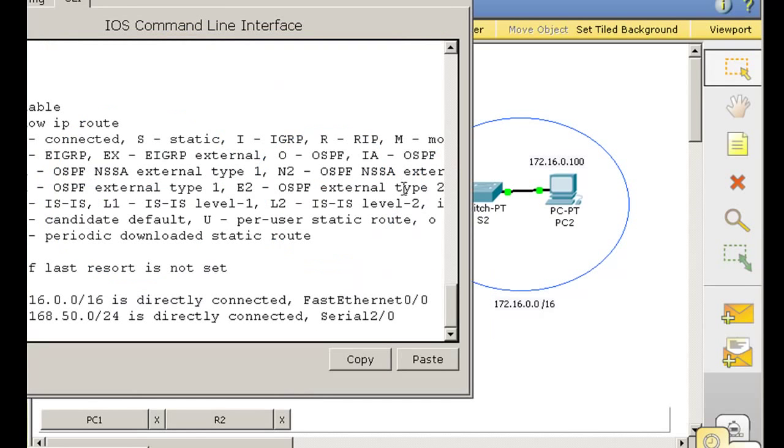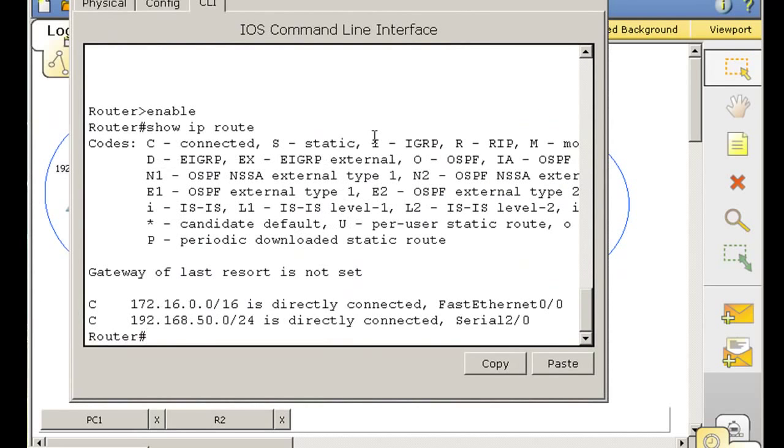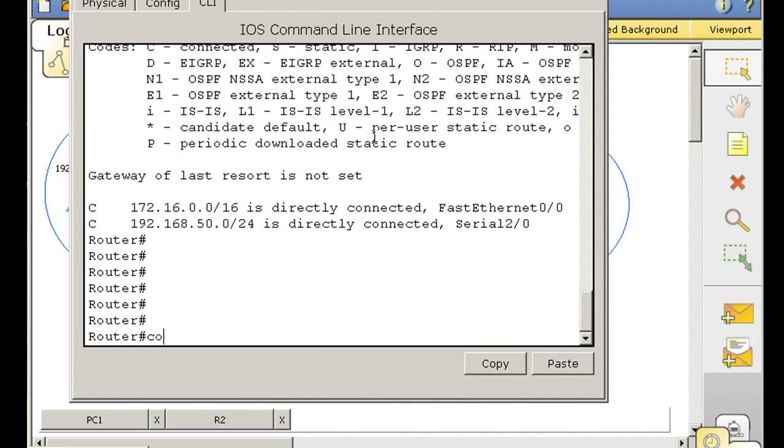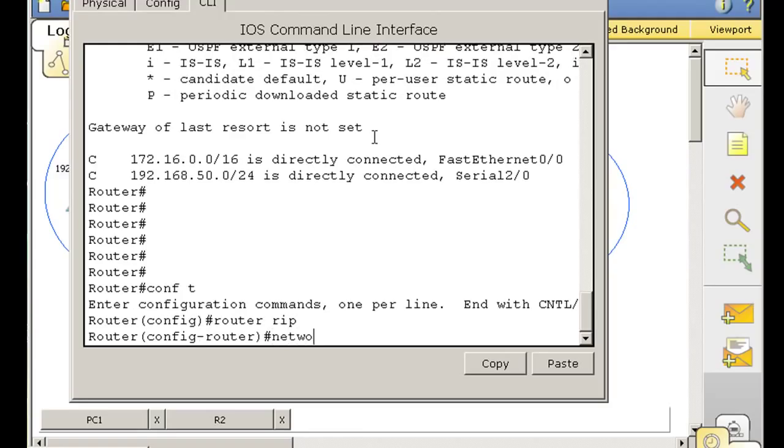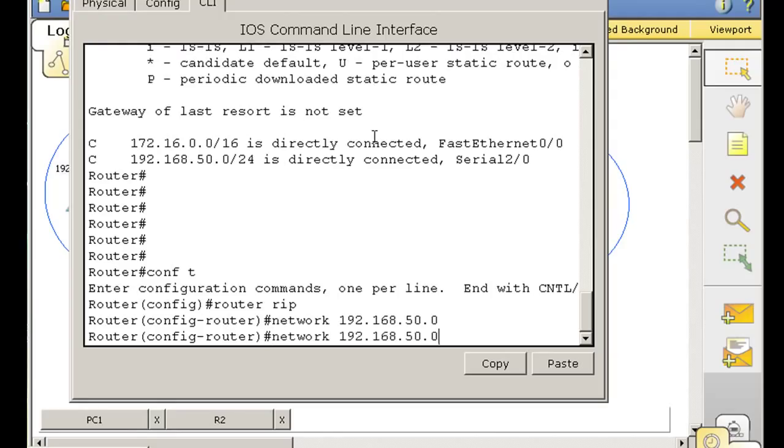Now for this router, we do the same thing for its two networks. So I'll just hit return a bunch of times, conf t, which is short for configure terminal, and then I'll say router RIP, and I'll tell about its two networks, network 192.168.50.0, and up arrow, we're going to say 172.16.0.0.